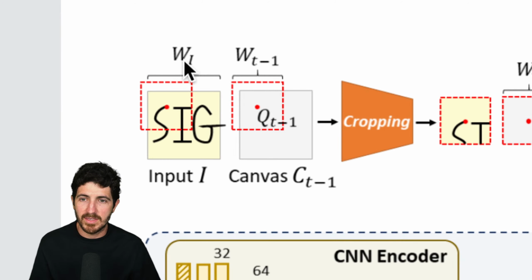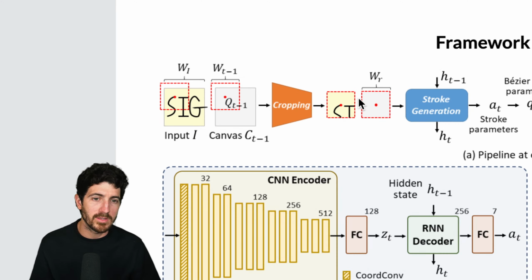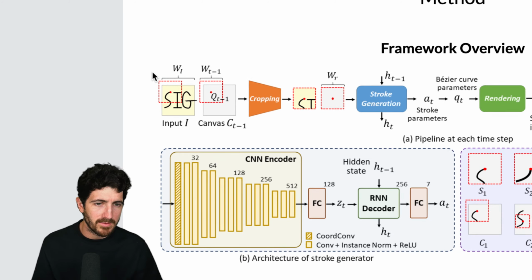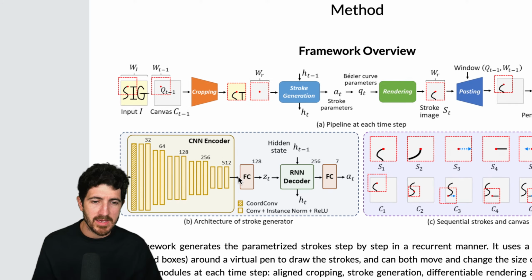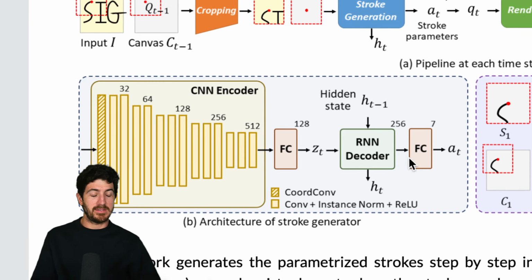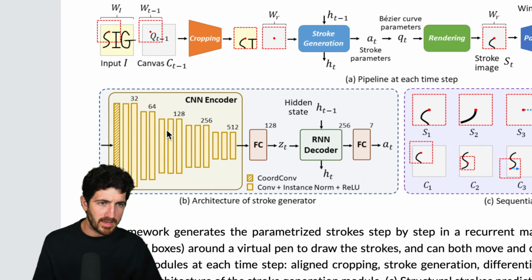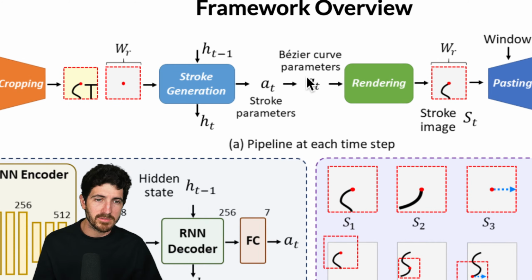So this VI seems to be our patch, or I don't know how they're calling this, if this is a patch or a canvas. So this is cropping, stroke generation, stroke parameters. So this thing here seems to be outputting something, and Bezier curve parameters.